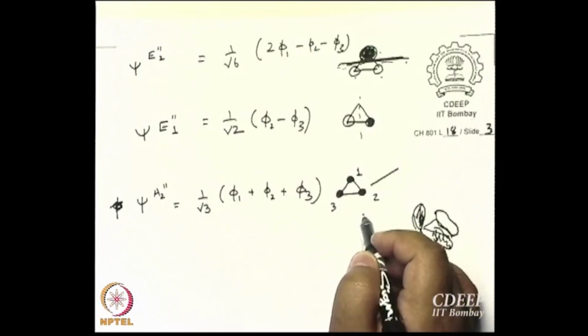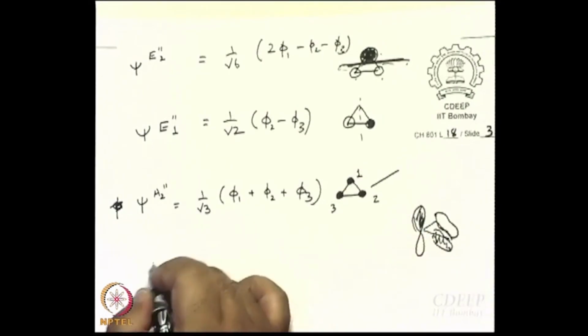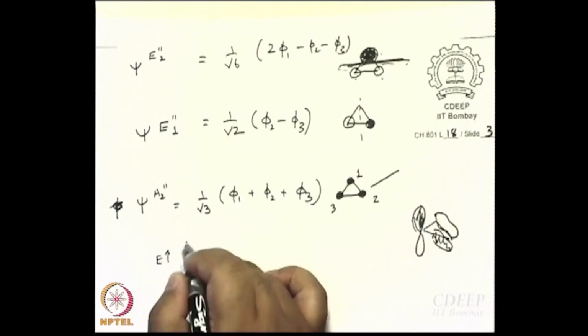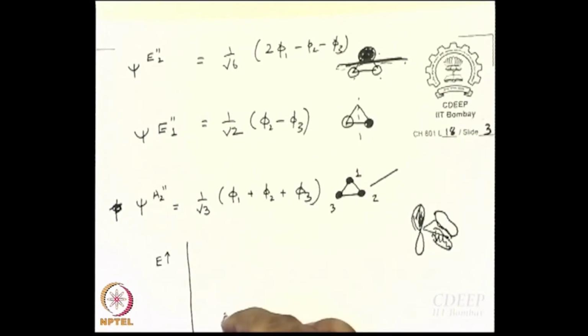What we do as a rule of thumb is that we correlate energy with the number of nodes. So see, this one, psi A2 double dash, has no nodal plane, no node. So if you plot energy qualitatively, this is where it is going to come, right? And I will even drop psi, I will call it the A2 double dashed molecular orbital.